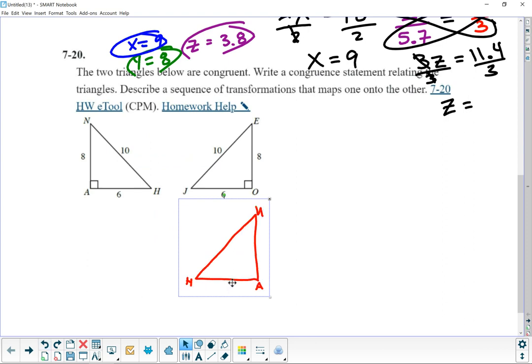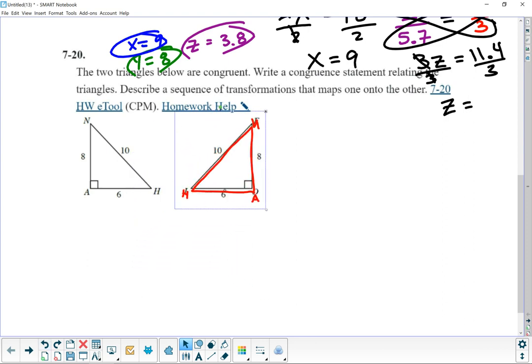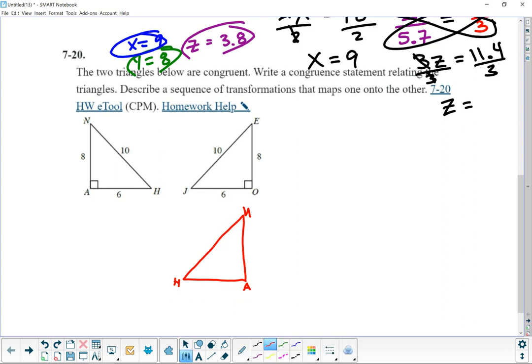See that? And then if I just move it, so my transformation is I first reflected across the y-axis. Remember, the y-axis looks like this.